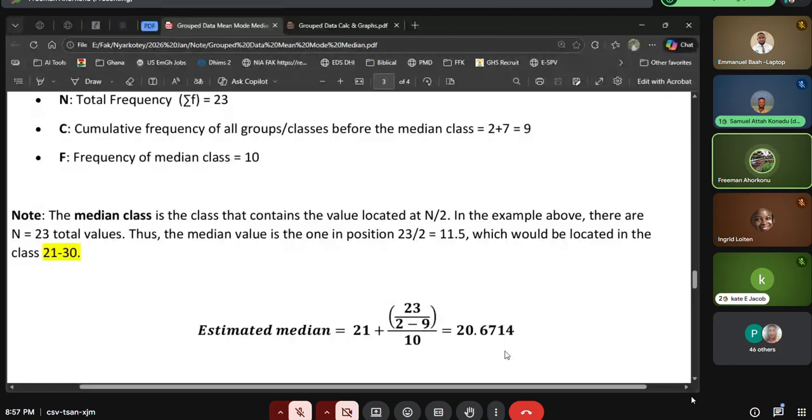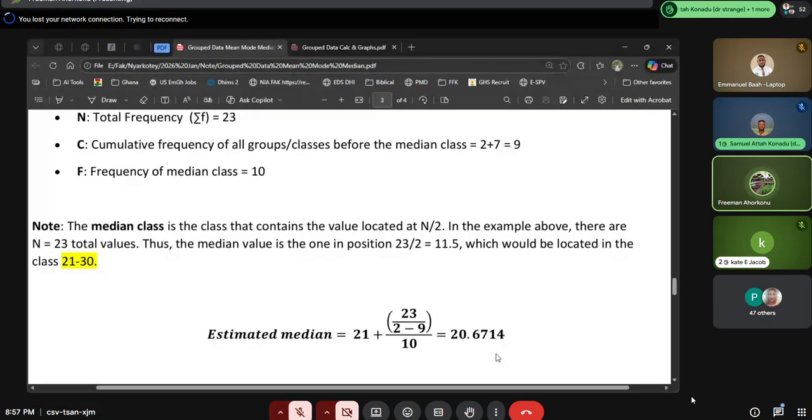I also indicated that if there is a need for you to find an average of a group of numbers, say data that you collect, you want to find an average, and you realize that there is an outlier.